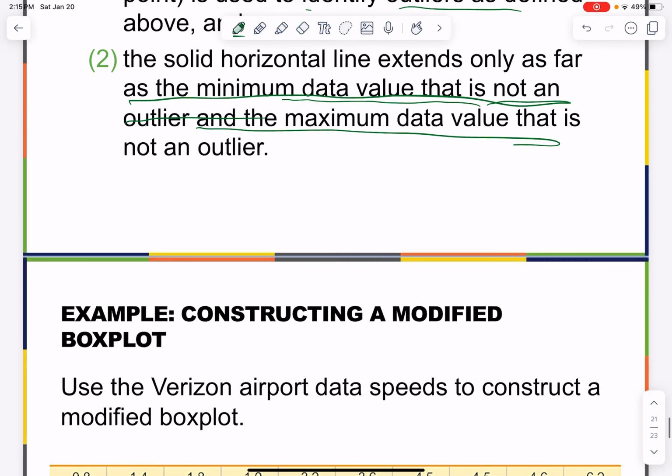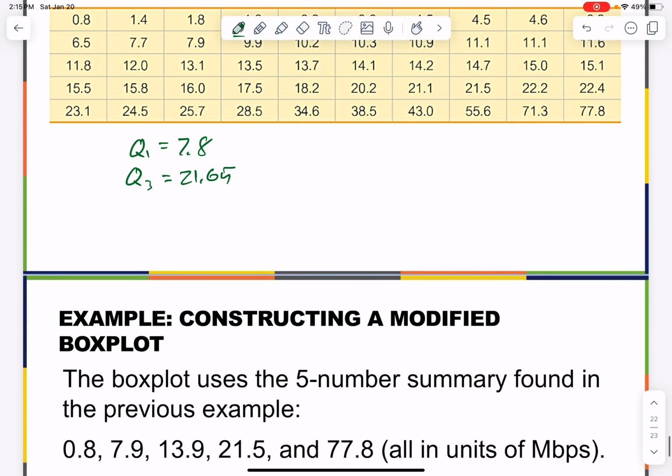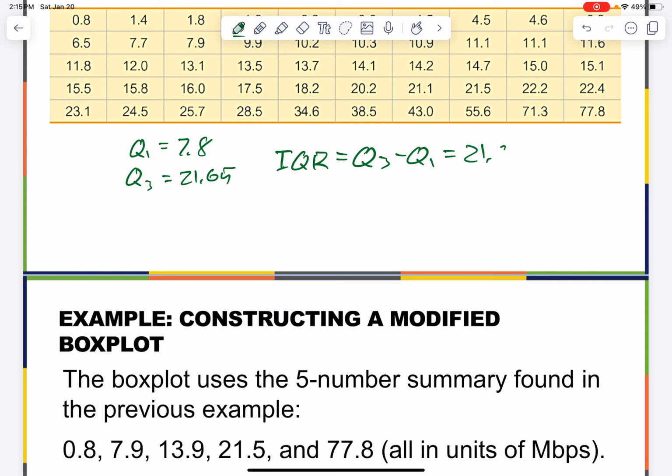Great. So let's subtract those. IQR equals Q3 minus Q1, which equals 21.65 minus 7.8. I go to my calculator, 21.65 minus 7.8, and I get 13.85. And that equals 13.85. Very good.